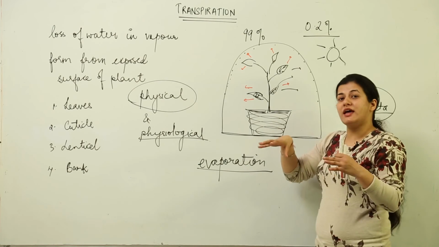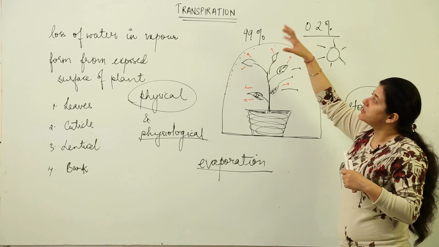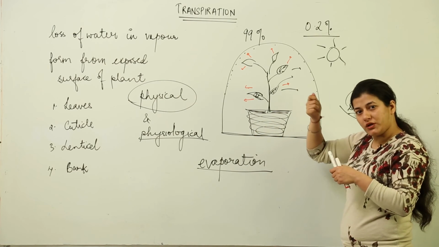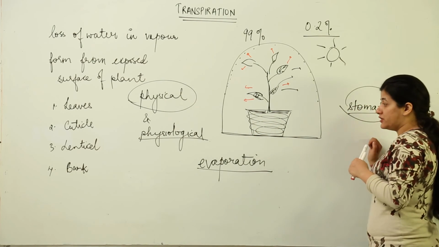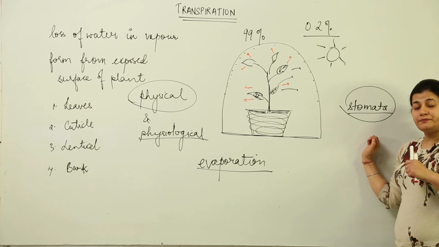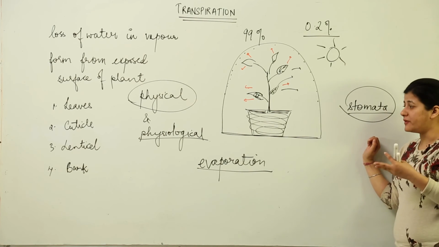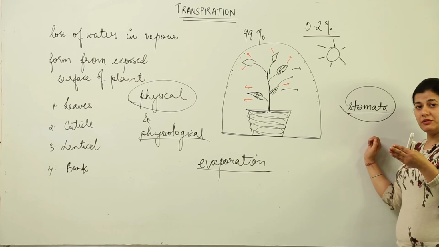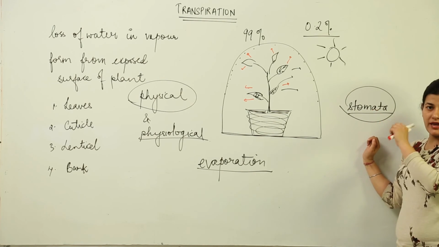But at the same time, this 99% loss somehow is responsible for taking up the water, and as we talked about in the root pressure concept, the root pressure is not enough, there is a negative pull that would be responsible. So do keep in mind that the negative pull would be provided by transpiration.